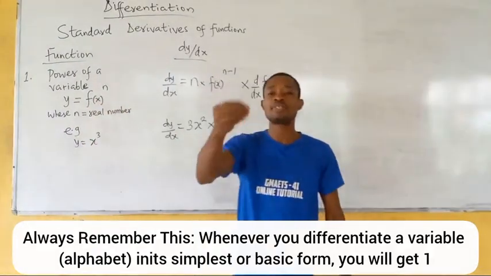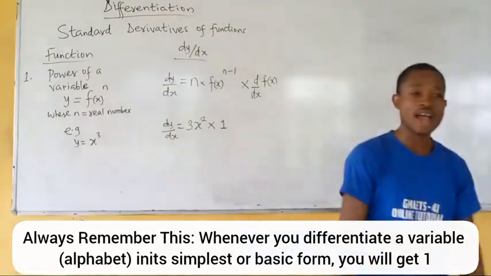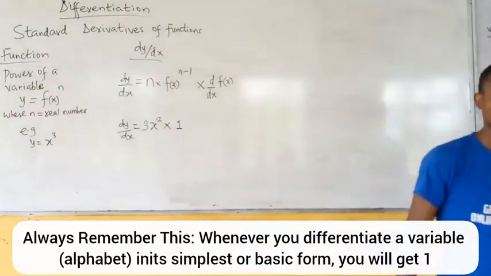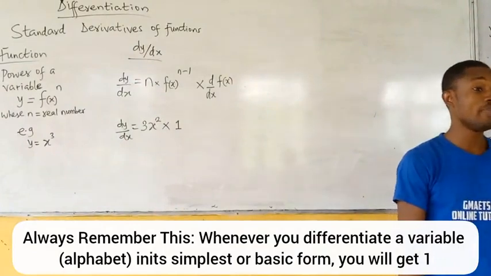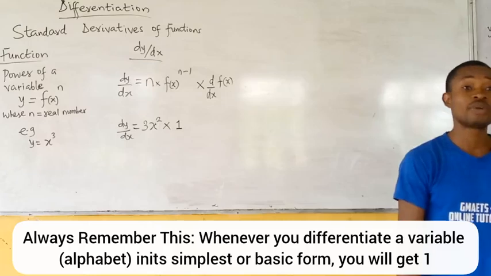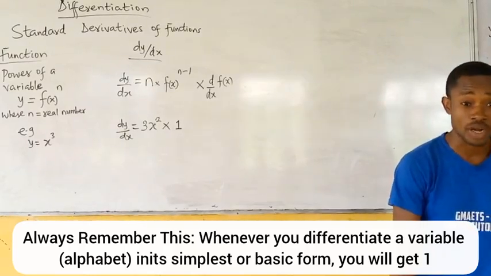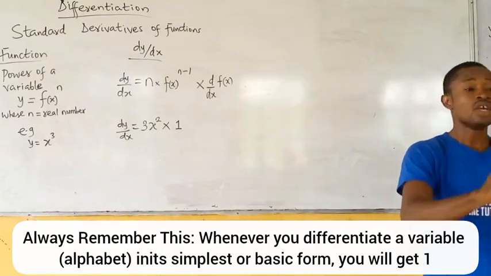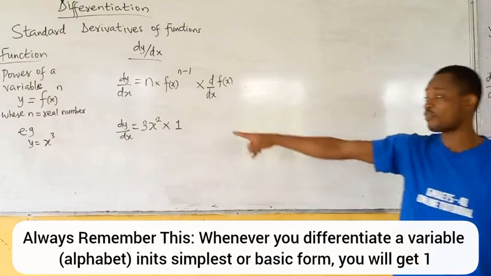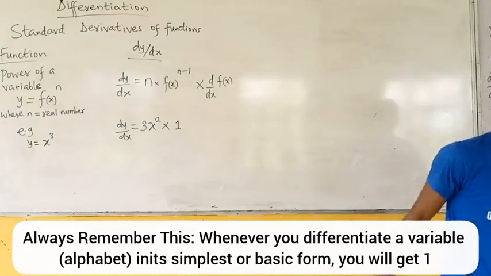The reason is because this thing is just simply x. If you are reading your ABC, your alphabet, when you get to x, is it x raised to any power that you pronounce? It's simply x. So the simplest form in which this alphabet can take is x.